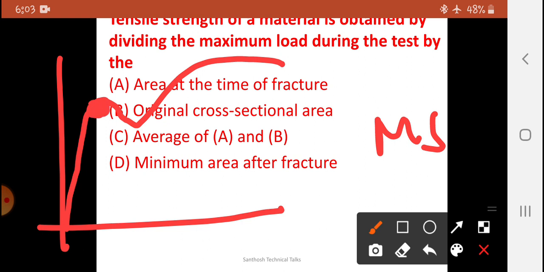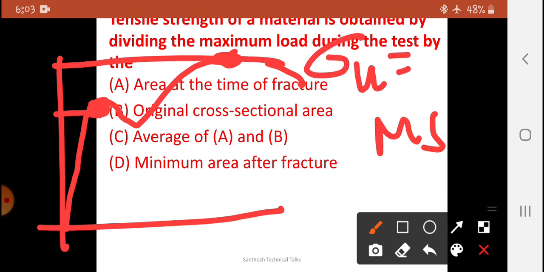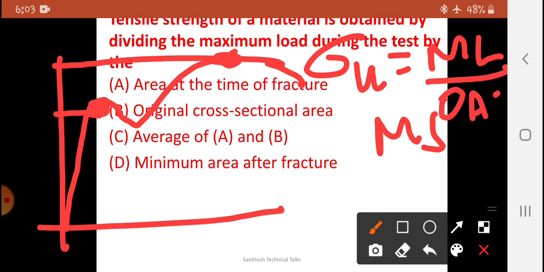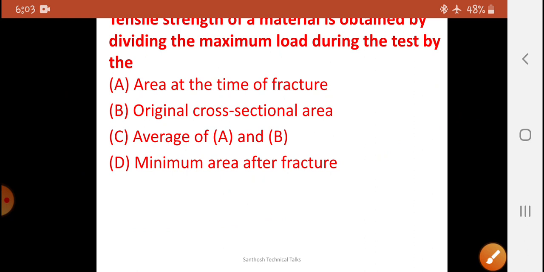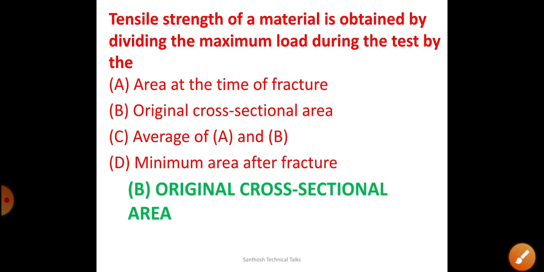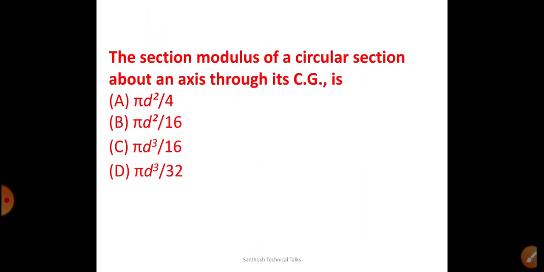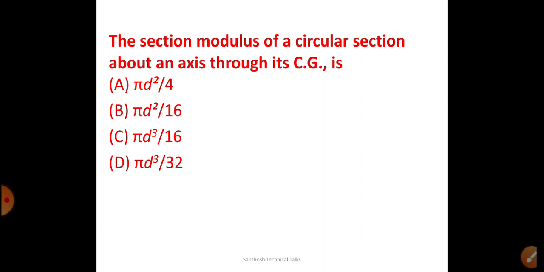The tensile strength is equal to the tensile force, or the maximum load. This is the ultimate point, the maximum load point. The ultimate stress sigma u is equal to the maximum load divided by the original area of cross section. The original area of cross section is the right answer. Yes, very superb question. Next one.